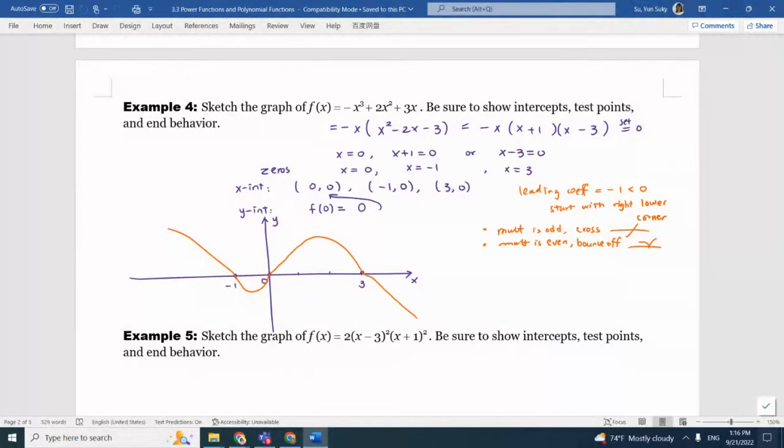Then you can rewrite this as a times (x minus r1) times (x minus r2). Because in this problem, your goal is to factor it. If you truly don't know how to factor it, you can use the quadratic formula, and after you find the roots, rewrite it as a times x minus the first root, times x minus the second root. Is that okay, everybody?